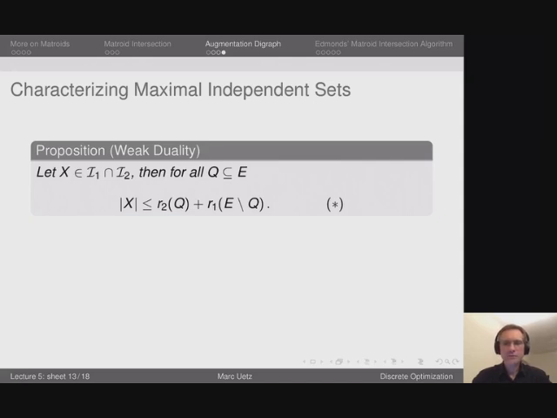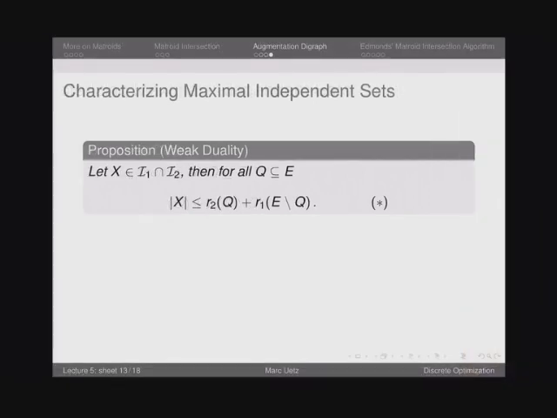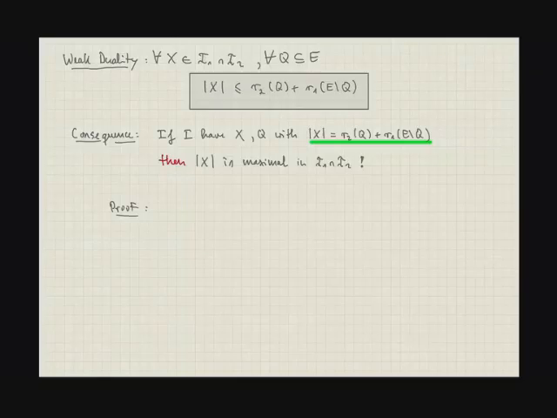Now let's look at the proof of this little weak duality proposition, and that's quite simple actually. Here I repeat the statement. We have an independent set for both matroids. We have an arbitrary subset Q of the elements, and then the size of this independent set is at most the sum of these two ranks, ranks with respect to the two different matroids, and then the set Q here and the complement of the set Q on the other side.